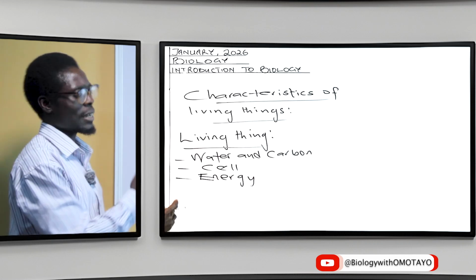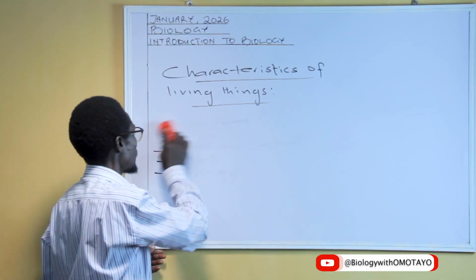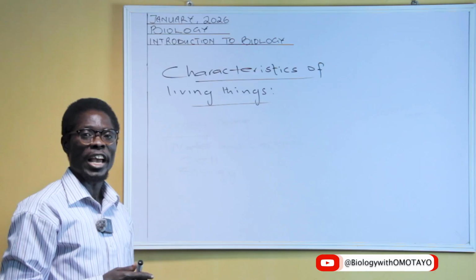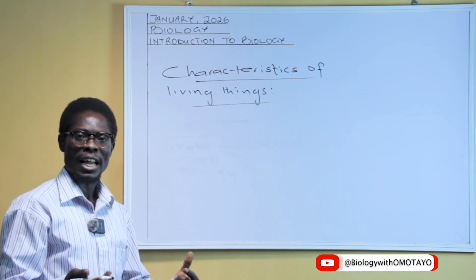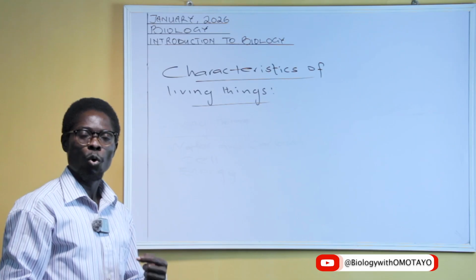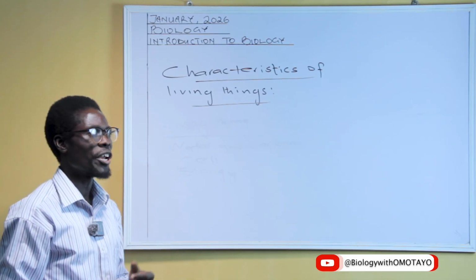Now, the characters of this said living thing. As I said much earlier, it's a well-known topic right from elementary classes. However, we will be adding a few more details to help demystify gray areas.